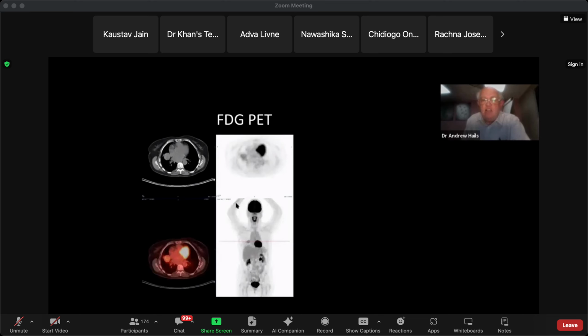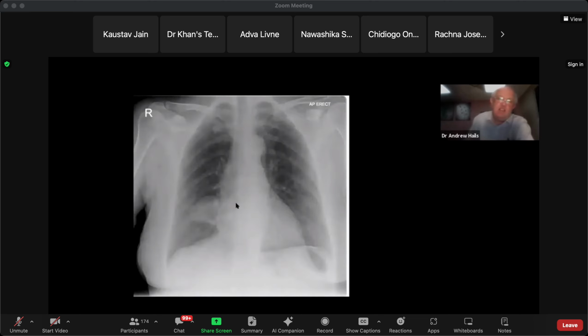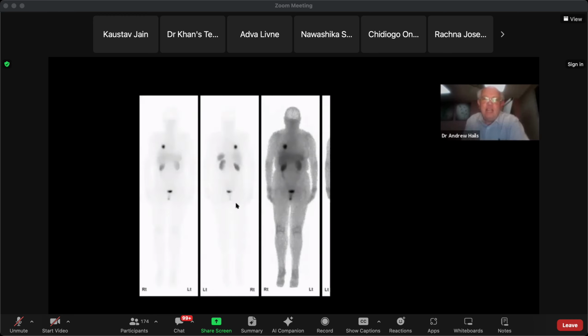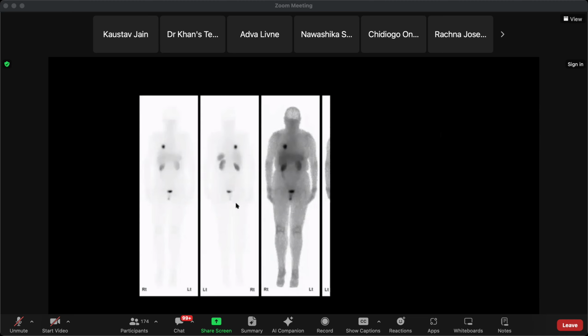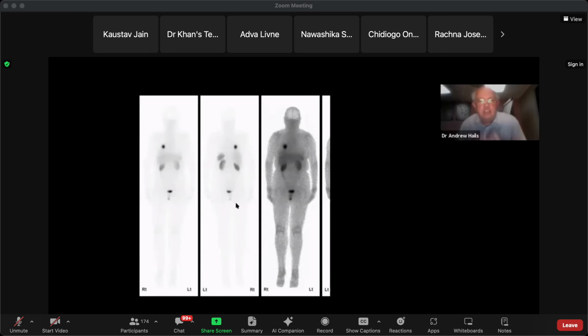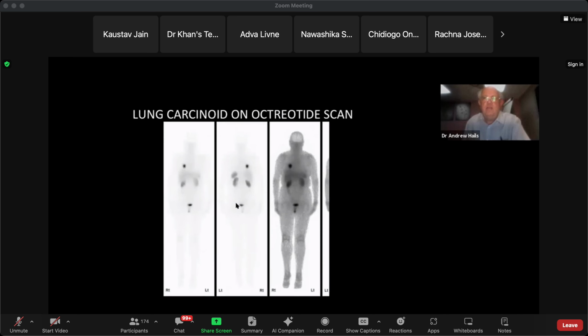But yes, it's very well defined, and we're in the carcinoid section of this talk, aren't we? So not surprisingly. Now, what does this show? This is an octreotide scan which shows avid uptake within that lesion. So that would be in keeping with a carcinoid of the lung. It's not taking up much FDG, but it's taking up quite a lot of octreotide, and it was a carcinoid.